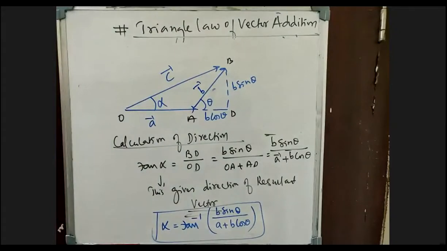Clear for everyone? So I hope you're clear with the triangle of vector addition, how to get the resultant and how to get the direction. Clear?